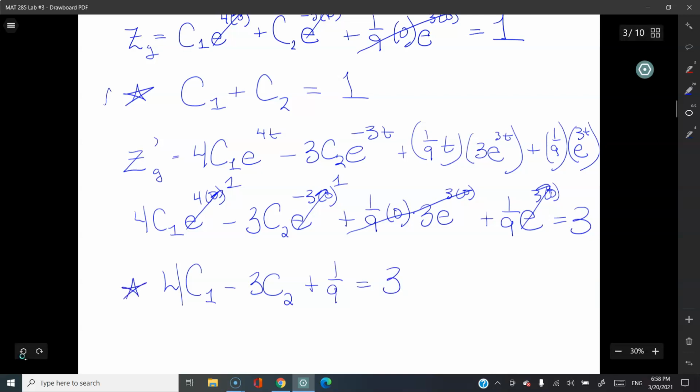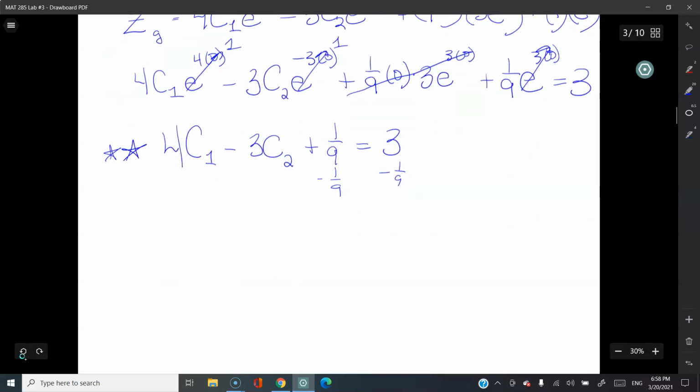We are going to take the equation that we got by plugging in the condition for our z function and the equation we got from plugging in the condition for our z prime function, and we are going to think of them as a system of equations. I'm going to go ahead and subtract this 1/9 over to combine my constants. So we know that c1 plus c2 is equal to 1.